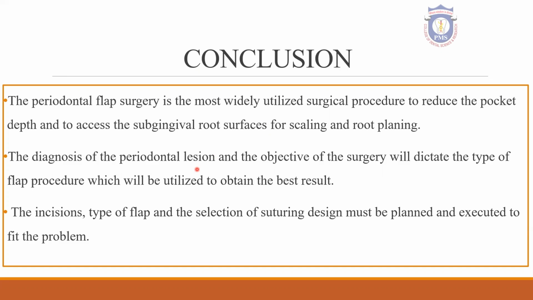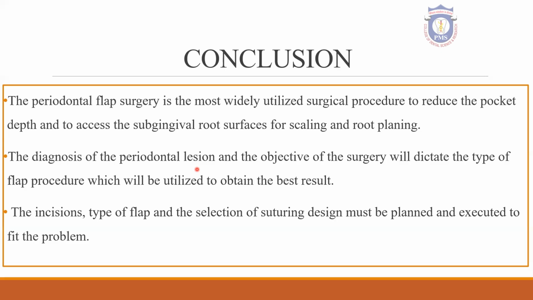Okay, so to recap, the things that we have discussed in today's class are the definition of a flap. We have seen that it's a section of the mucosa or gingiva which is surgically separated from the underlying tissues so that we get better accessibility and visibility to the underlying tissues. Then we have seen the different indications and contraindications for periodontal surgery. Then objectives also we have mentioned.